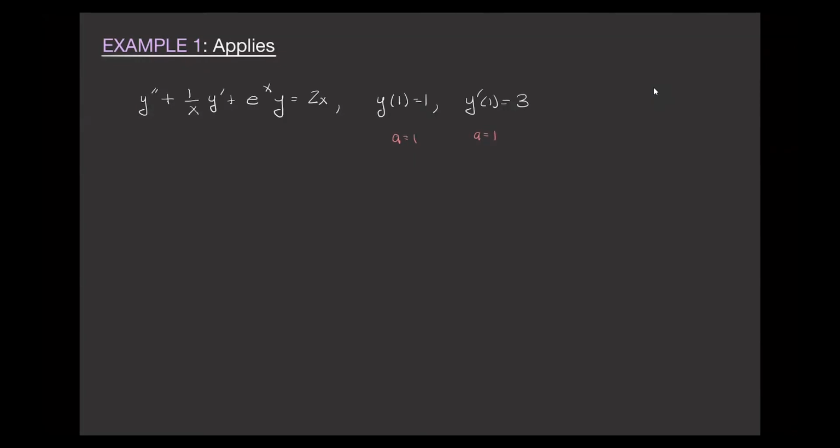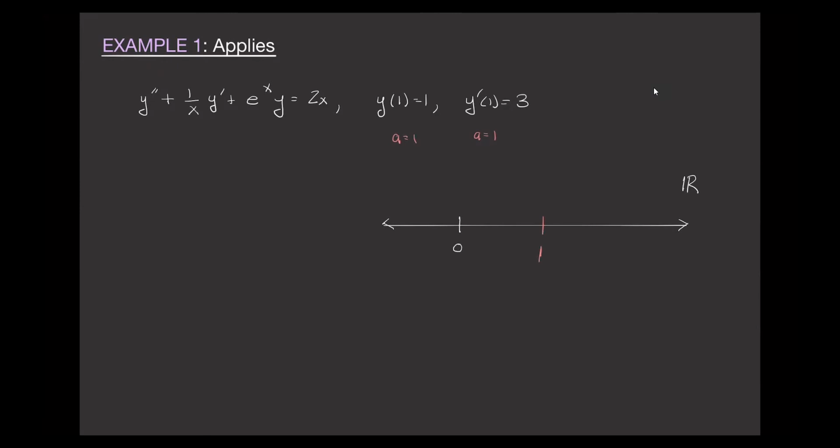If we draw a number line, and this is a set of real numbers, we plot the point A equal to 1. Here is 0, let's say.